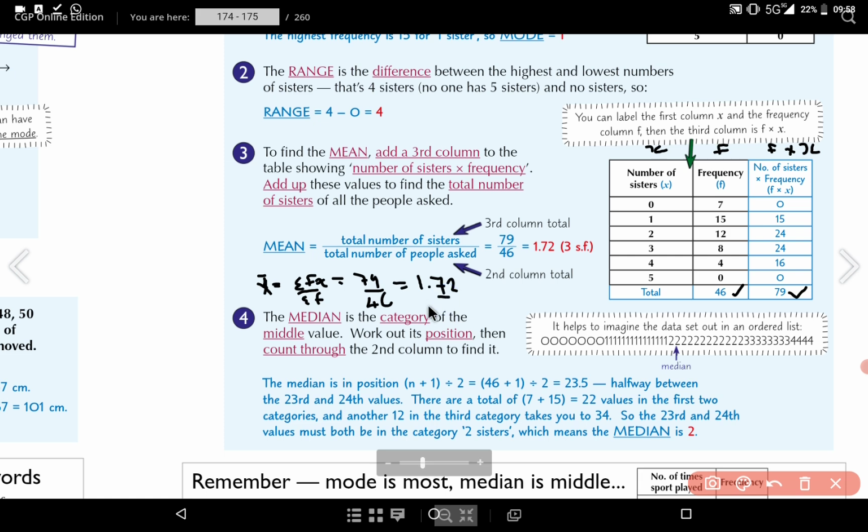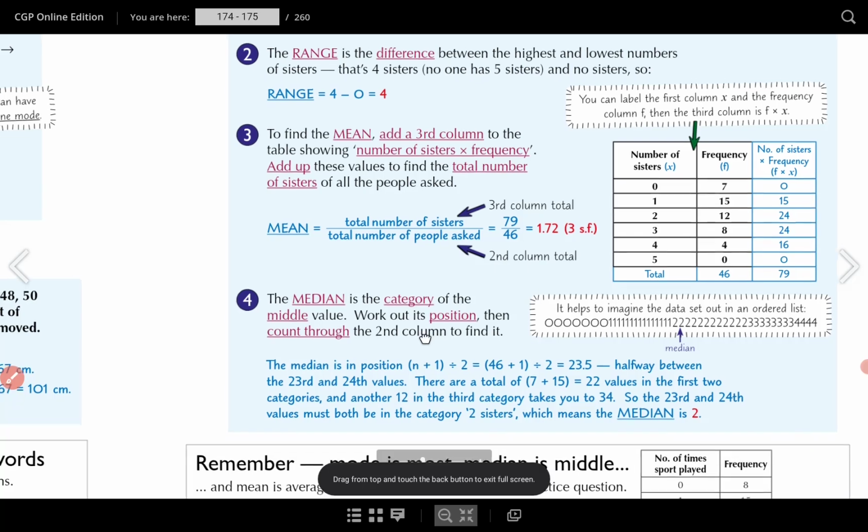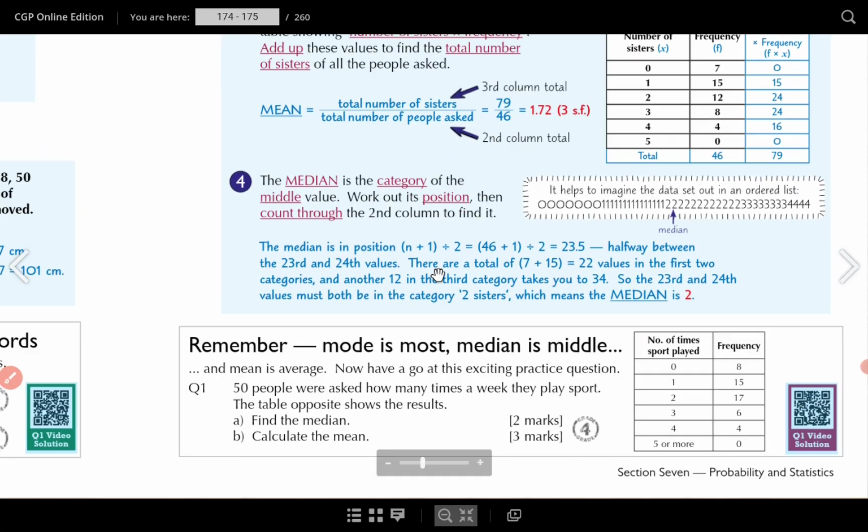Then the median, very simple as well, is the category of the mid value. Work out its position, then count through the second column. To find the position, remember that formula I mentioned.